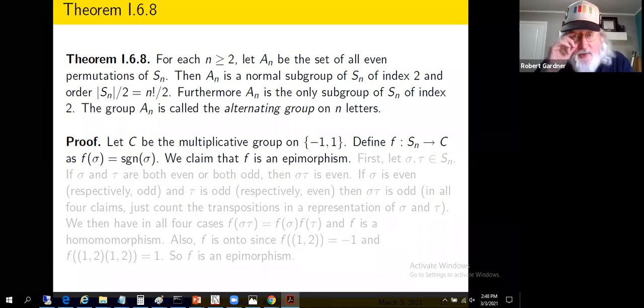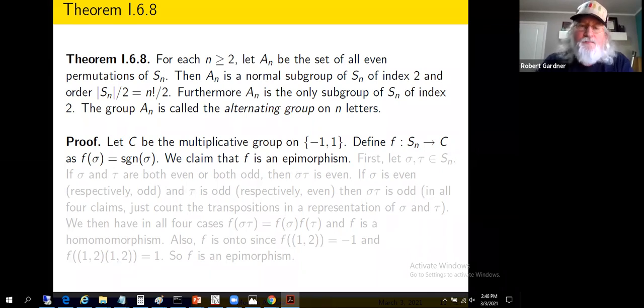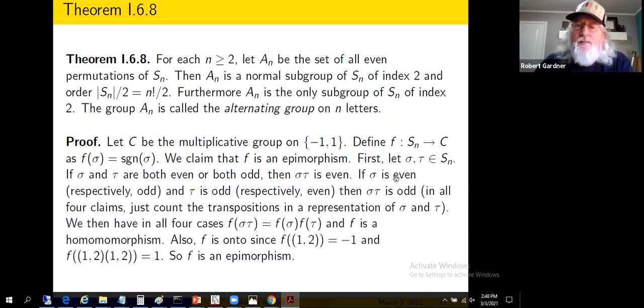And then we're going to map F from S sub n into this group C, defining F of sigma to be the sign of sigma. Remember, the sign of a permutation in S sub n was 1 if the permutation was even and -1 if the permutation was odd. And we claim this is an epimorphism. This is an onto homomorphism.